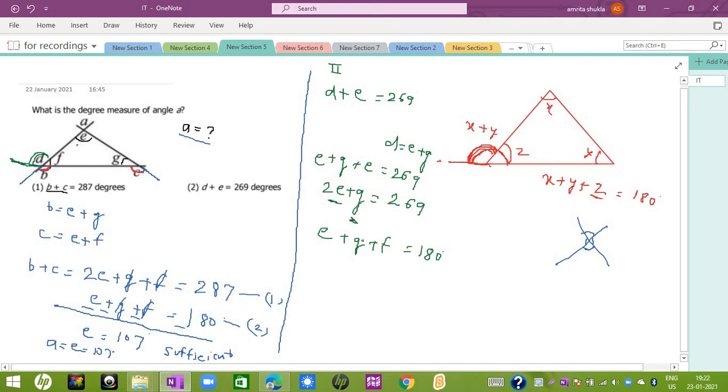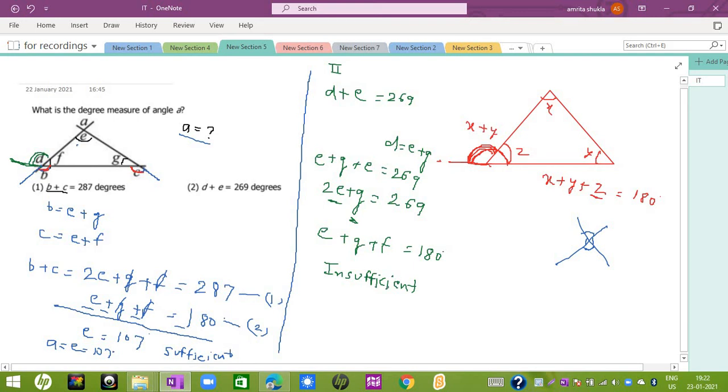So quite clearly we will not get a unique answer to the question. We will not get a unique value of E and consequently of A. Hence, we can conveniently say that this statement is insufficient. This statement alone is not sufficient to answer the question here.